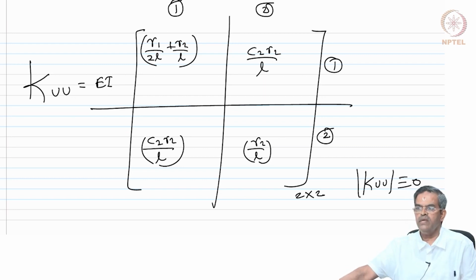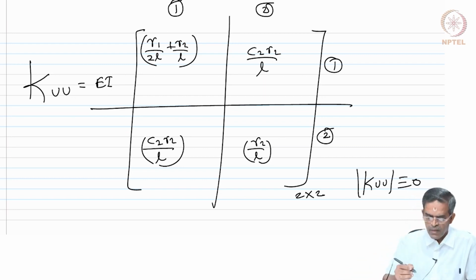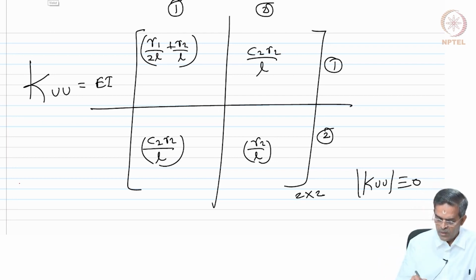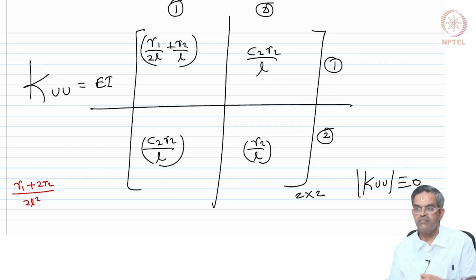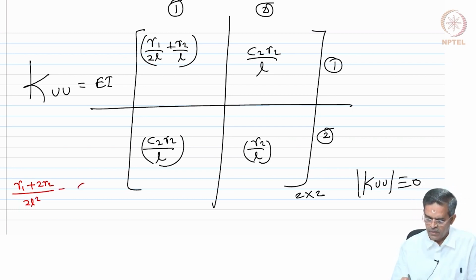Okay. So, if I do that, I am writing it here. R1 plus 2R2 by 2L square minus C2 R2 by L, the whole square, should be 0.